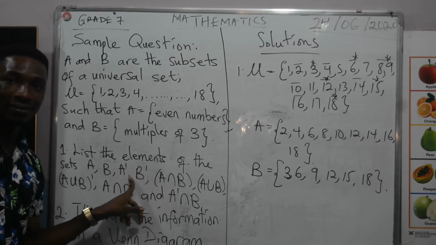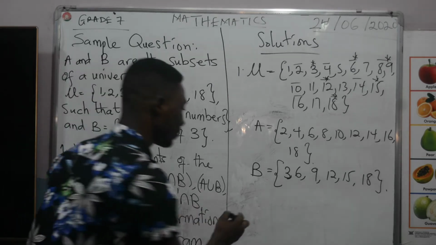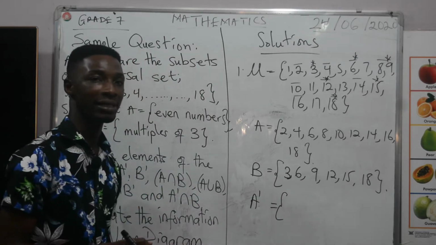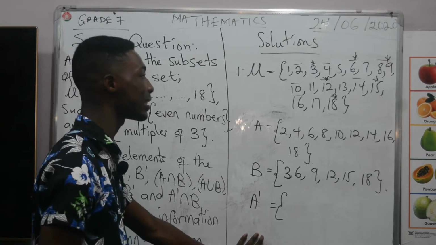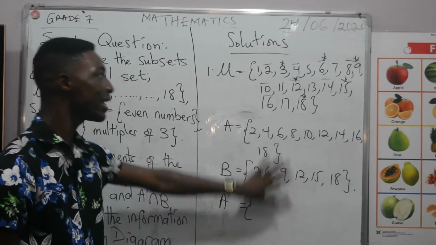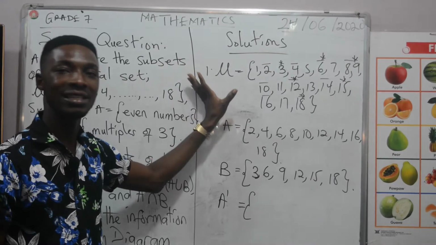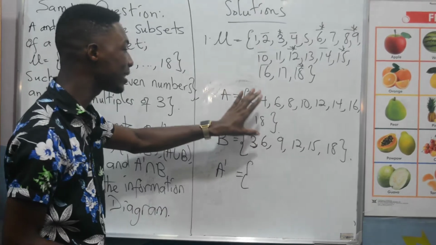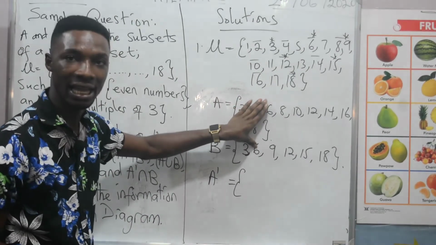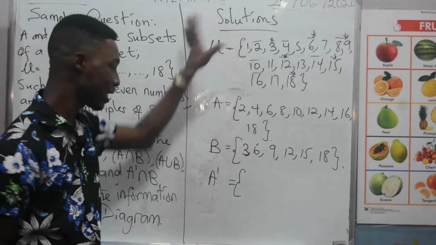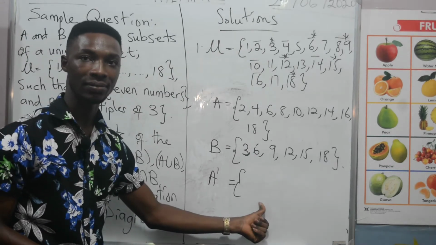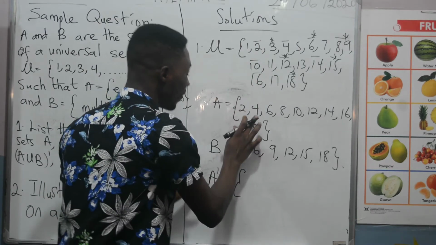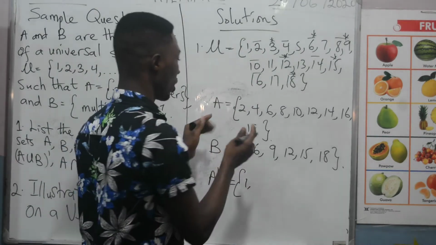A complement. What did I say about A complement? I said A complement is a set that contains elements in the mother set, in the universal set, but which are not found in A. So any element that cannot be found in A, but can be found in the universal set, must be placed in A complement. Let's look at the elements. 1 cannot be found in A, so we write 1 here. We have 2 here.